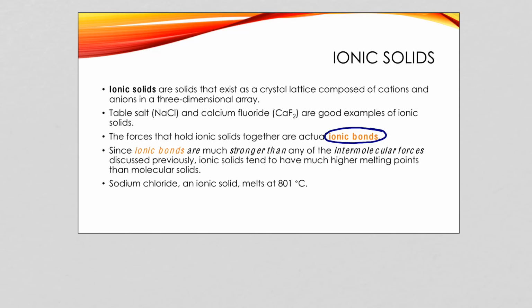Because these ions are held together by much stronger interactions, it's going to take much more energy to break those ionic bonds than the intermolecular forces, and therefore ionic solids will have much higher melting points than molecular solids. For comparison, while ice melts at 0 degrees, sodium chloride melts at 800 degrees. So these have really high melting points.